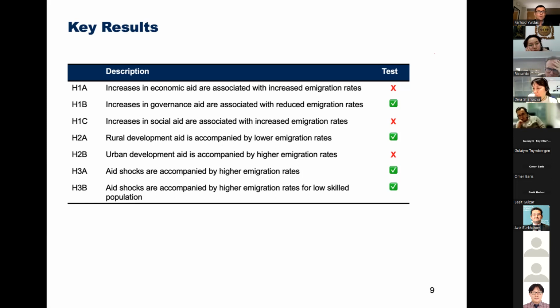And in terms of negative aid shocks, or just aid shocks as it's called in the literature, we saw that they could lead to higher immigration rates, especially for lower skilled populations. And these hypotheses were tested not only in terms of statistical significance, but also substantive significance, which was very different in terms of the hypotheses that were supported and the ones that weren't.